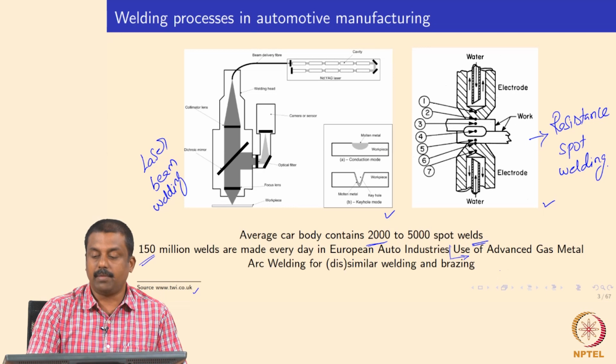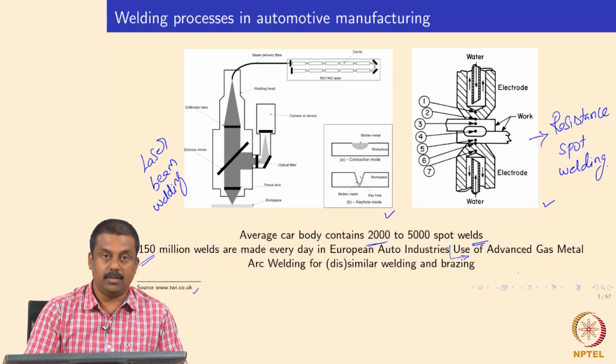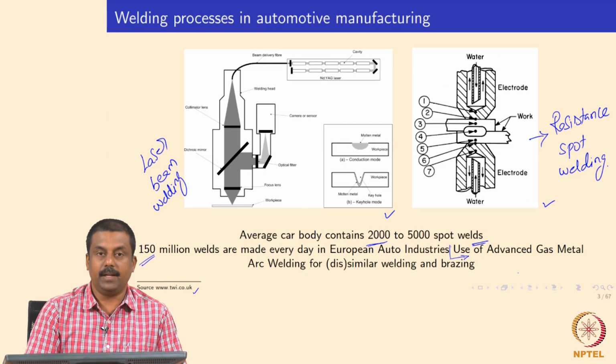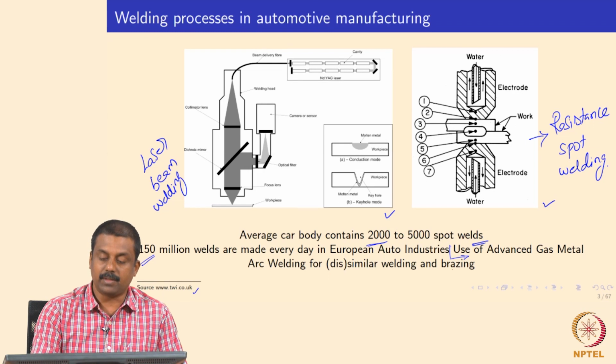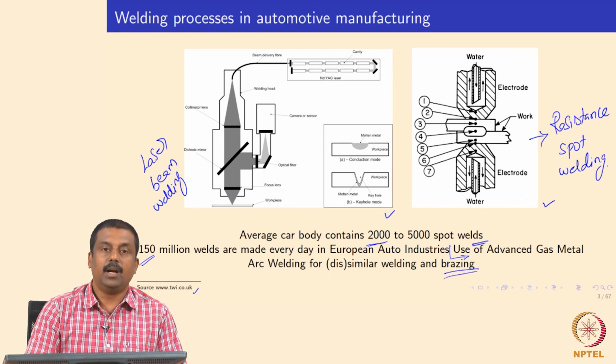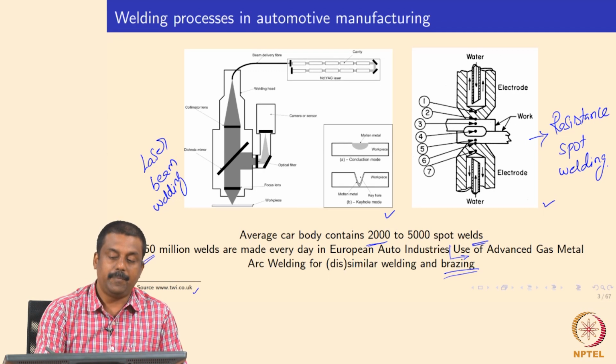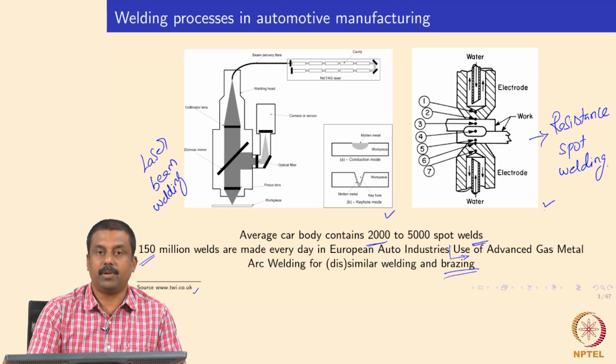So some of the advanced gas metal arc welding processes are also coming up to weld especially the dissimilar joints, and in some applications we may also use gas metal arc brazing for welding advanced high strength steels. But even now predominantly the welding processes used in automotive industries are either laser or resistance spot welds.